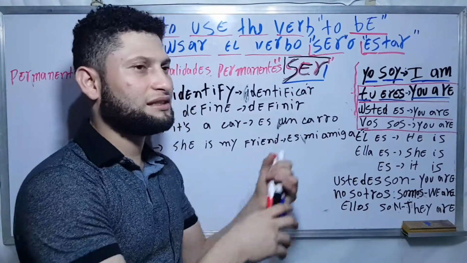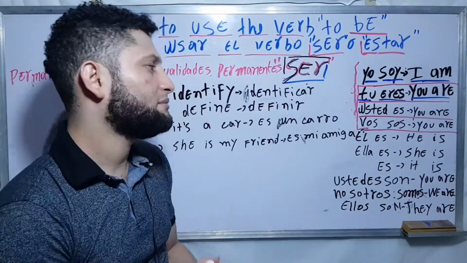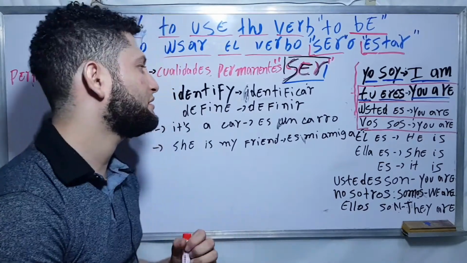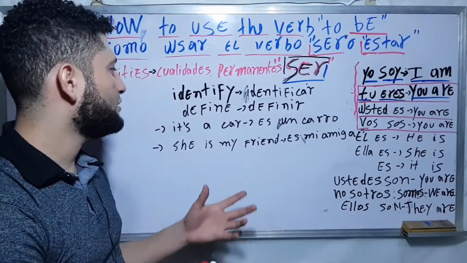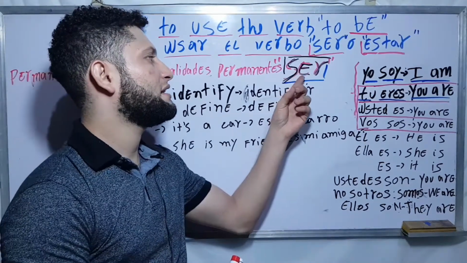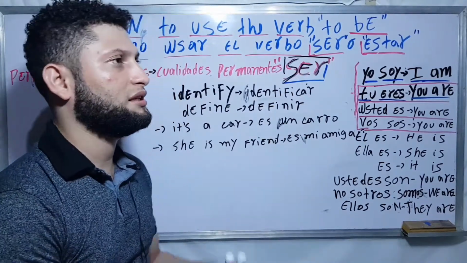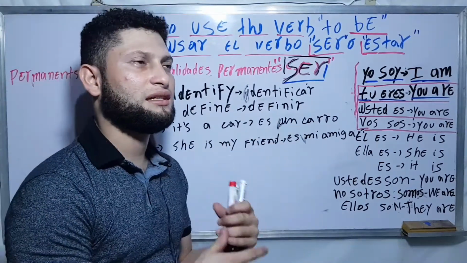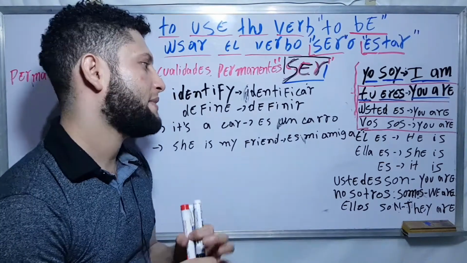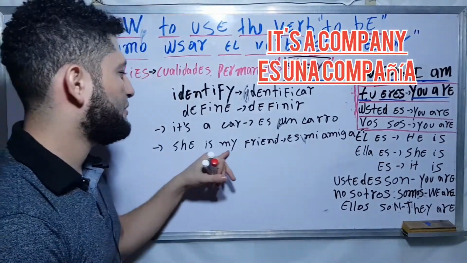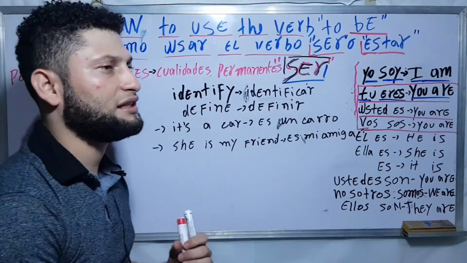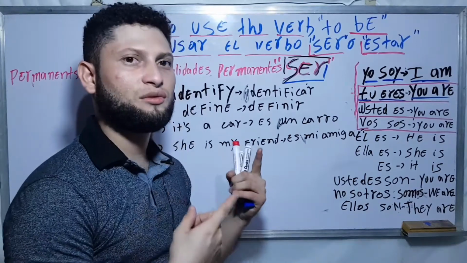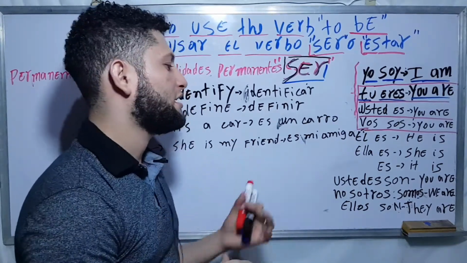When you say what is it, and then you say it is a marker, you are identifying something, and the verb is ser. So it's a company, es una compañía. Okay, she's my friend. I'm defining something. As I said, it's a car, it's a company, it's a shirt, es una camisa, and so on.